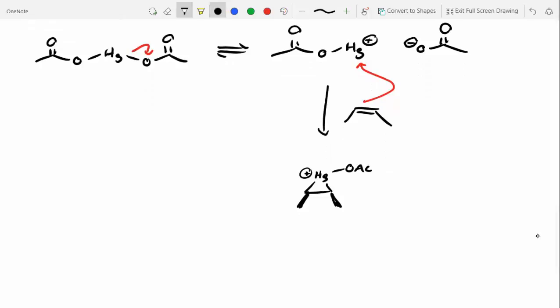And now when we've got our alcohol around, which side of the mercurinium ion will the alcohol add to? Or does it matter? It doesn't matter in this case. We know normally it goes after the more substituted side, but in this case there's not really a more substituted side. So we'll just pick one.